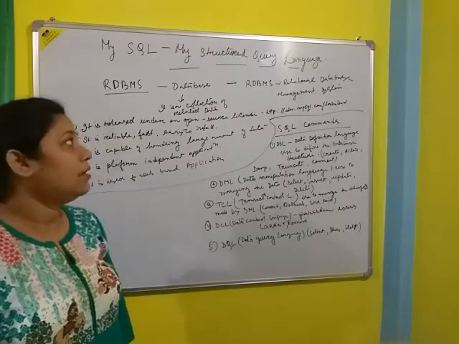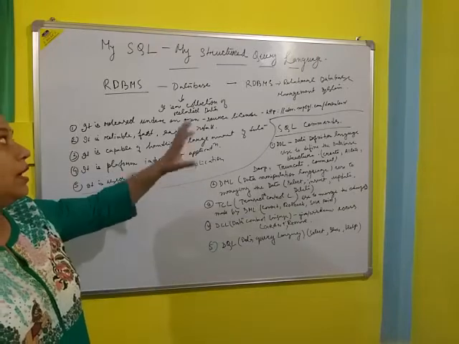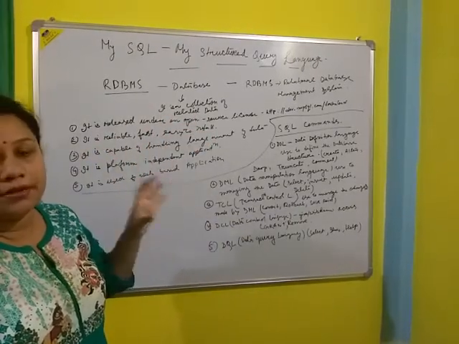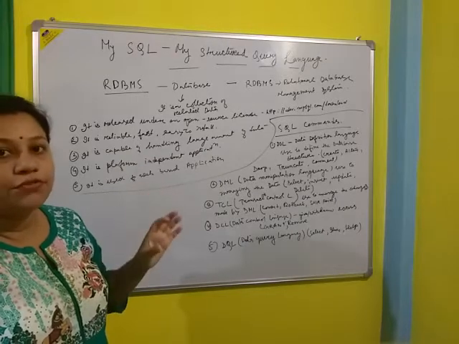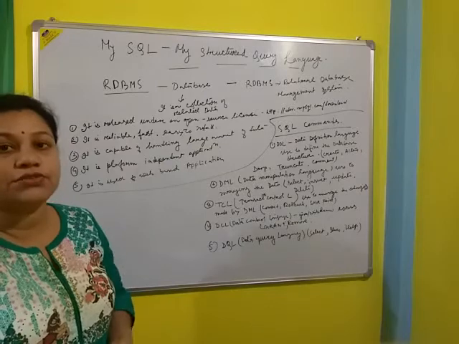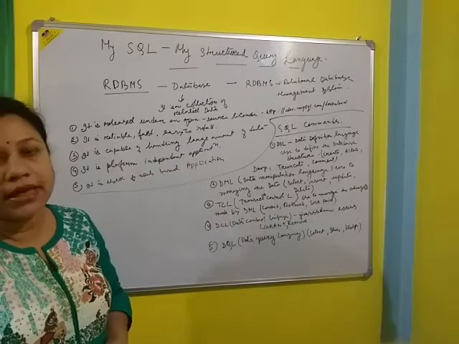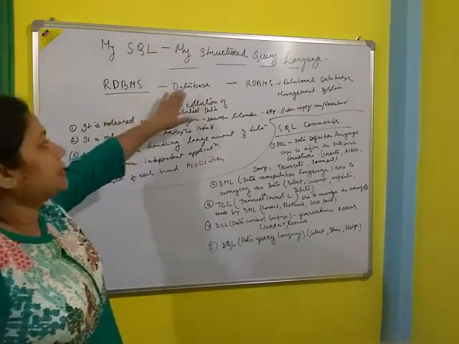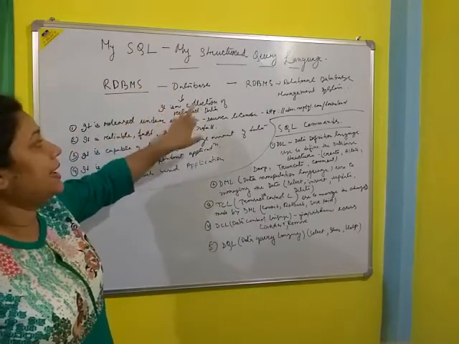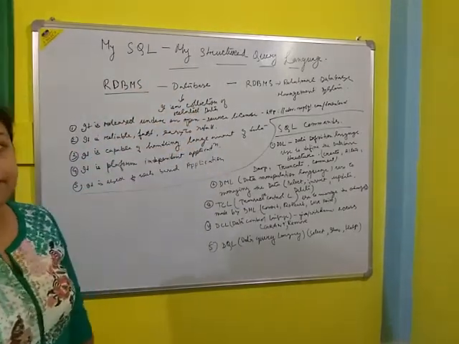Now first of all, before discussing the MySQL language, I am going to discuss what is a database and what is a relational database. A database is a collection of related data.